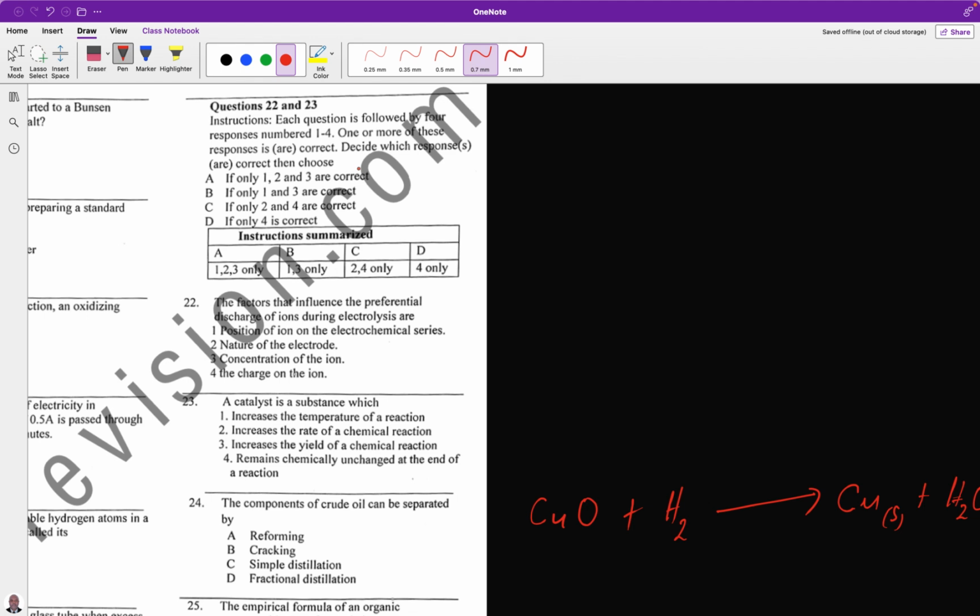And number 4, the discharge on the ion, no. So there are 3 factors.